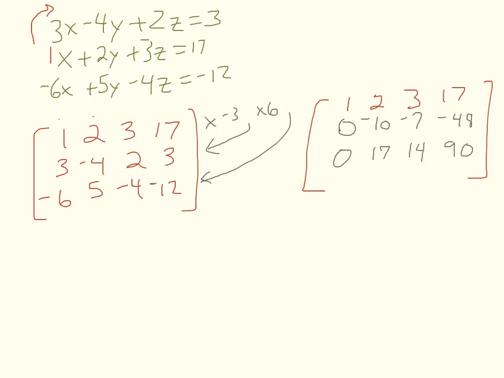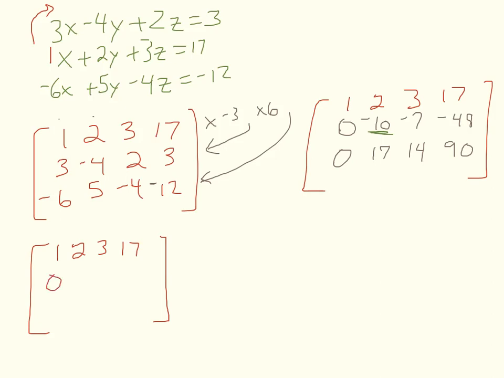Now since we have the zeros below this, we need to change this 10 and make it a 1. So if we just multiply this by negative 1/10, then we would have a 1 where we needed it. So if we rewrote everything else, 1, 2, 3, 17, and just multiply it, 0 times negative 1/10 is 0.